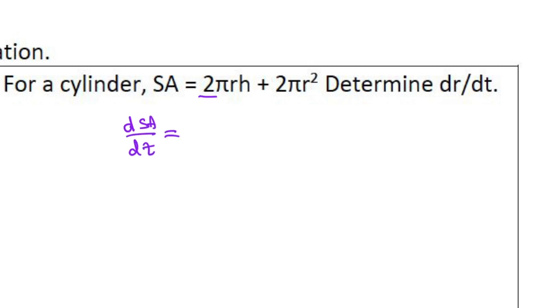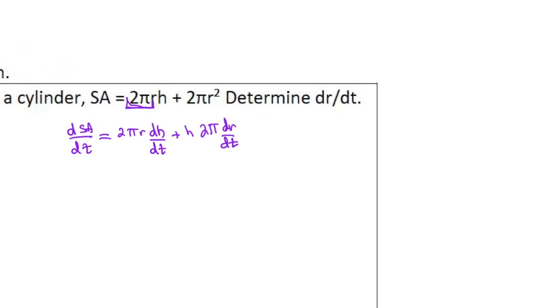Now, hopefully you've recognized you have just one product rule in here. 2 pi r is a variable expression. We'll call that the first. And what we'll have is first times the derivative of the second, which is your dh dt, plus the second, which is h, times the derivative of the first, which is 2 pi dr dt, because the derivative of r with respect to t is going to stay.